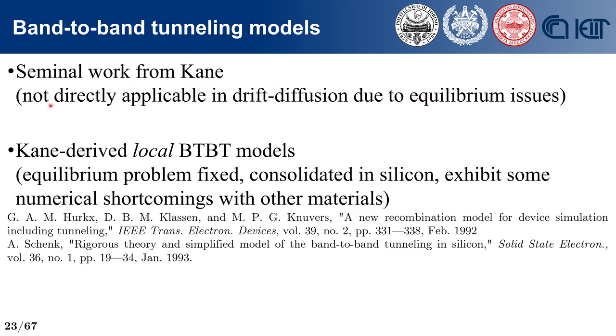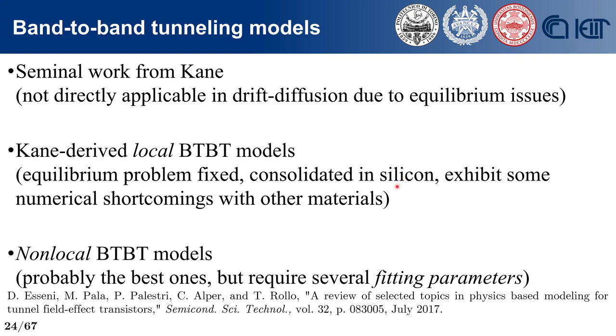However, this seminal work inspired several other Kane-derived local models, such as Hurkx or Schenk. Here the equilibrium problem is fixed, and these models are quite consolidated in silicon devices, but they exhibit some numerical shortcomings, sometimes with other materials, so we didn't like to use them for our particular problem.